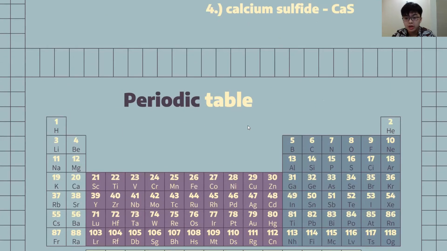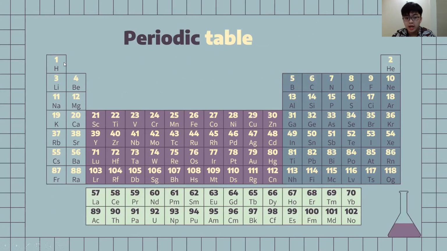If the element is in 1A, the oxidation number is +1. And then 2A is +2. If it is in 3A, the oxidation number is +3. And 4A is -4, 5A is -3, 6A is -2, and 7A is -1.